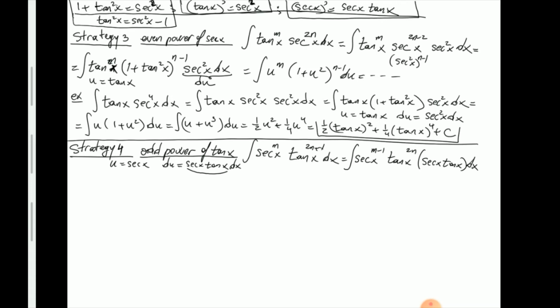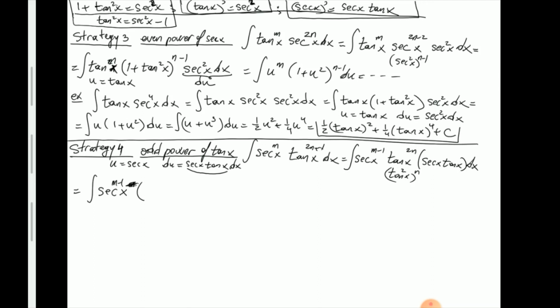So remember, again, tangent to the power 2n, it's like tangent squared to the power n, quantity to the power n. Now I apply the identity by replacing everything in terms of secant. So I meant secant to the power m minus 1 x.